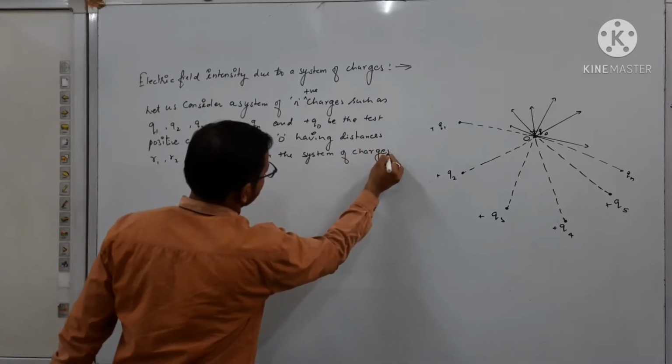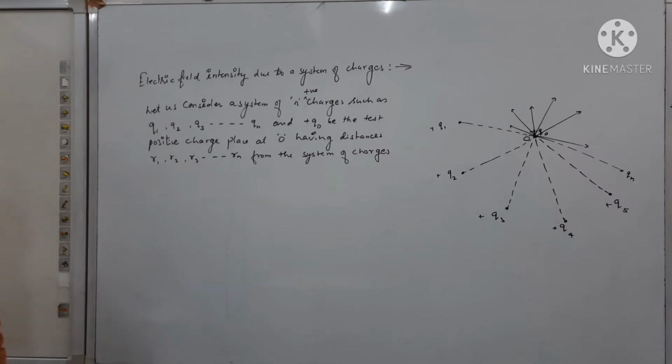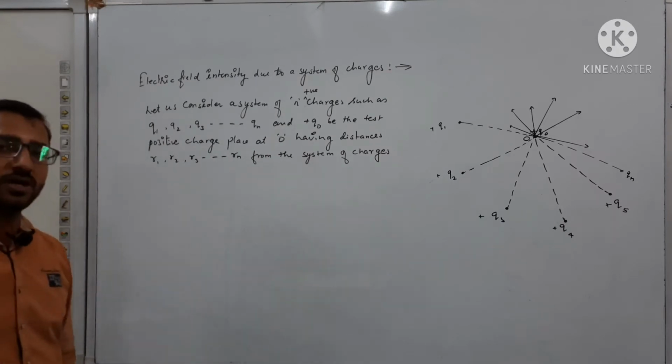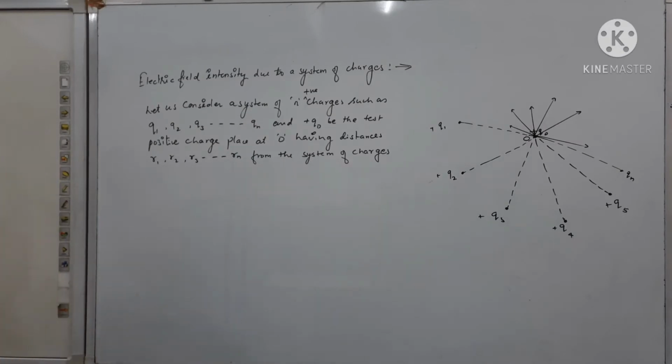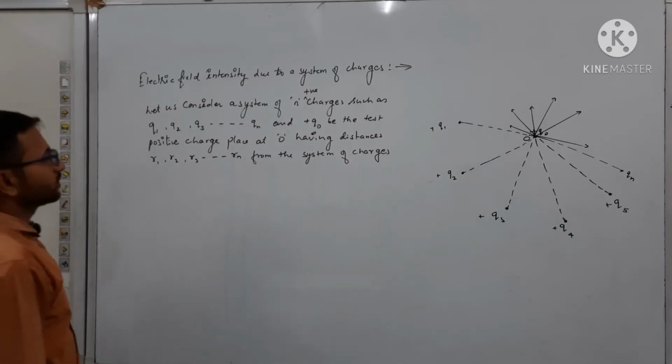That means from Q1 it is at R1 distance, from Q2 it is at R2 distance, from Q3 it is at R3 distance. So that's why I have written the things here in this way.